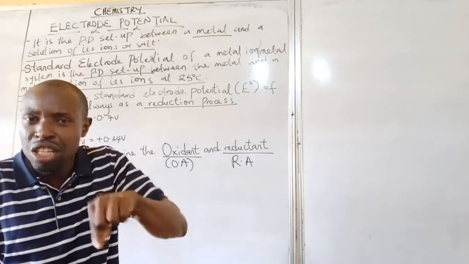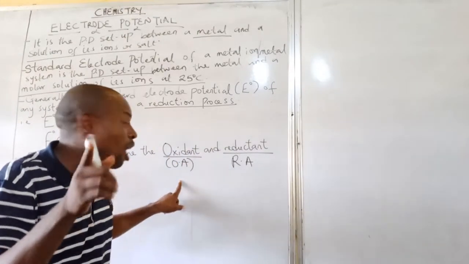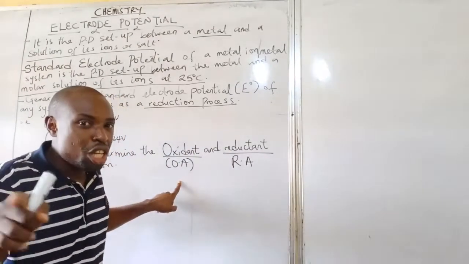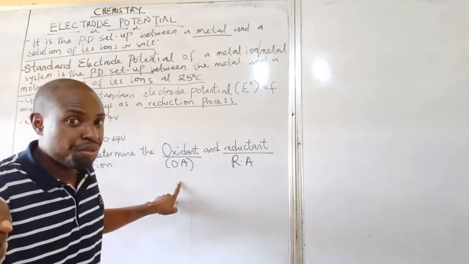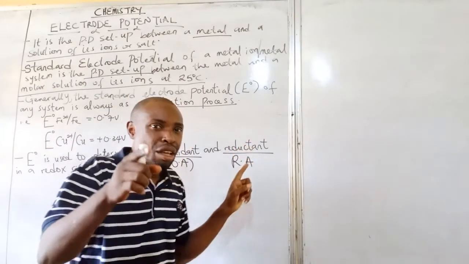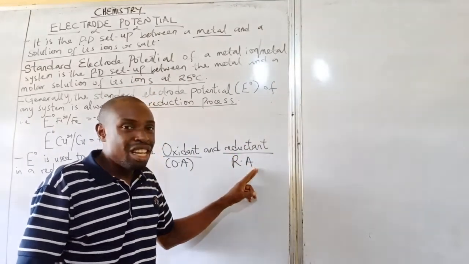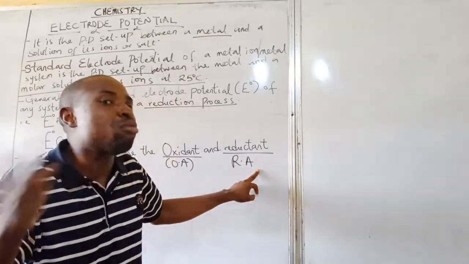For any species to act as an oxidant, that species must be undergoing reduction, a gain of electron. Any species that should be called a reducing agent is undergoing the oxidation process.